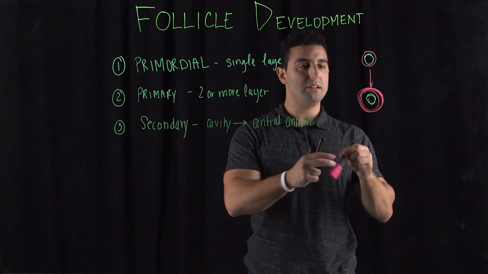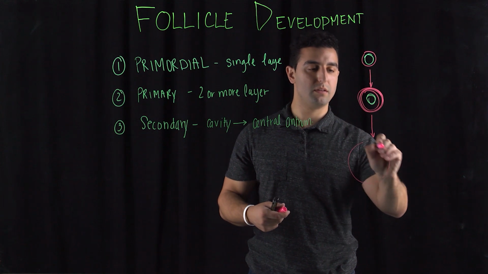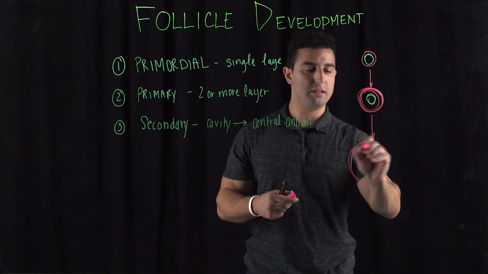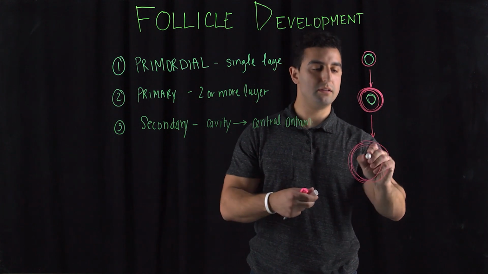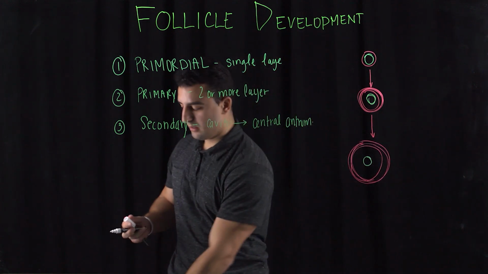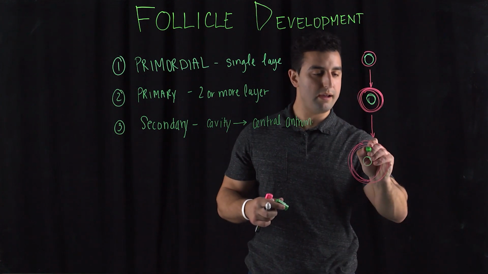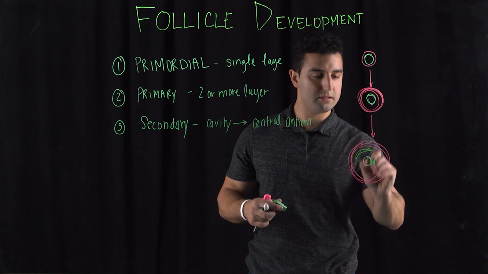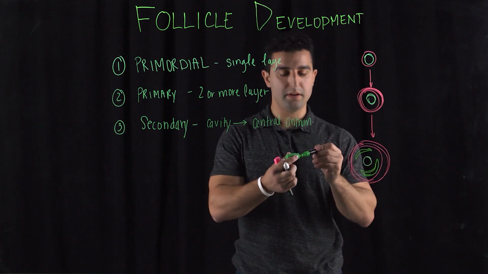So now, if you see the cell here, if I draw it a little bigger, you still have these granulosa layers. Here, you have the egg in the middle, and now you have these little cavities that are beginning to open up, right?